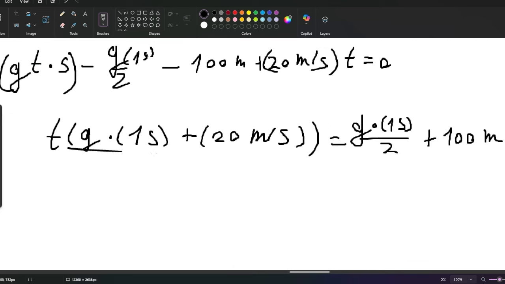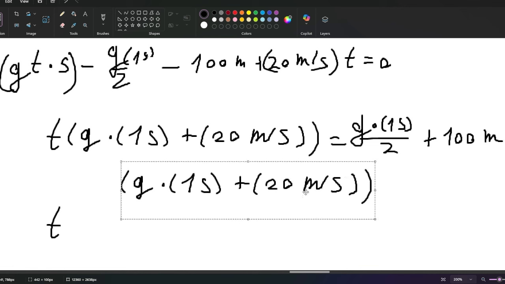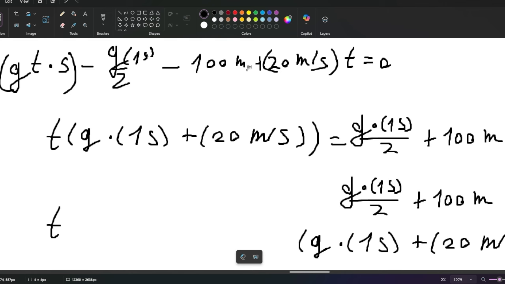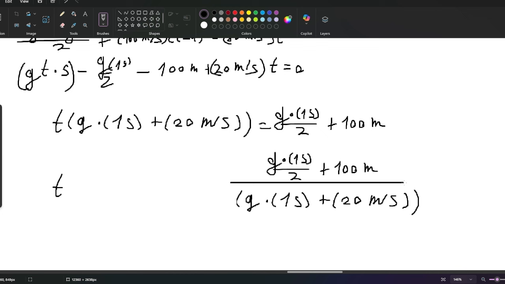Next we can divide both sides by this expression, and what we get is some terrific manifestation of my hatred of physics.